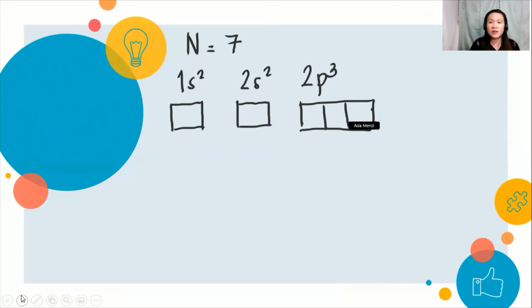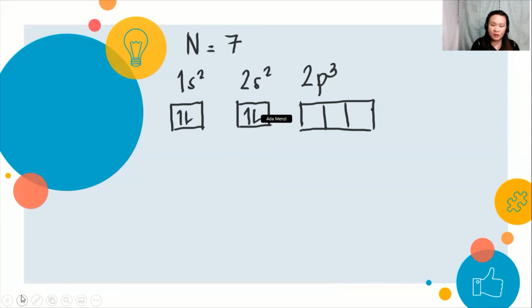Next, we put the electrons in the lowest energy level first. So we will start with 1s. One spins counterclockwise, and the other clockwise. For 2s, it has 2 electrons, so one spins clockwise and the other spins counterclockwise.